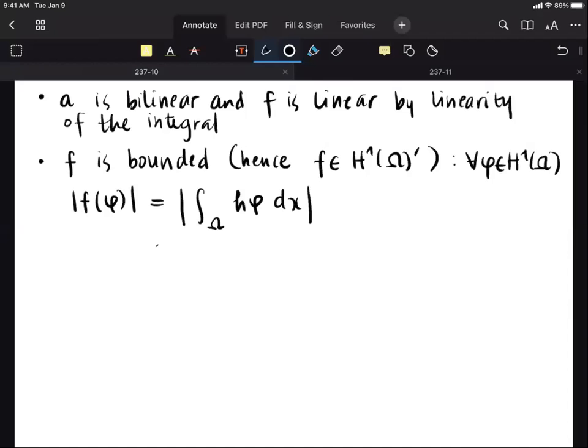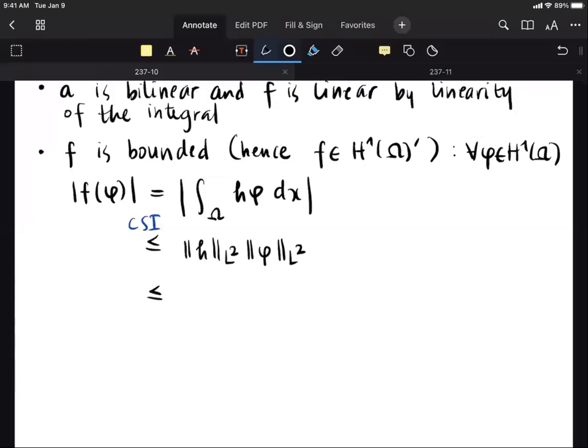Here you apply the Cauchy-Schwarz inequality to say that this is less than or equal to the product of the L2 norms.